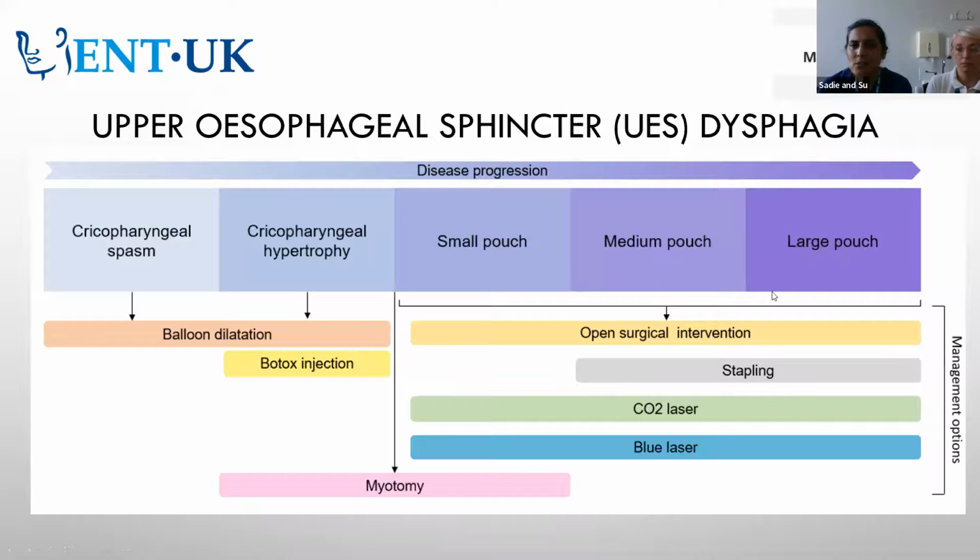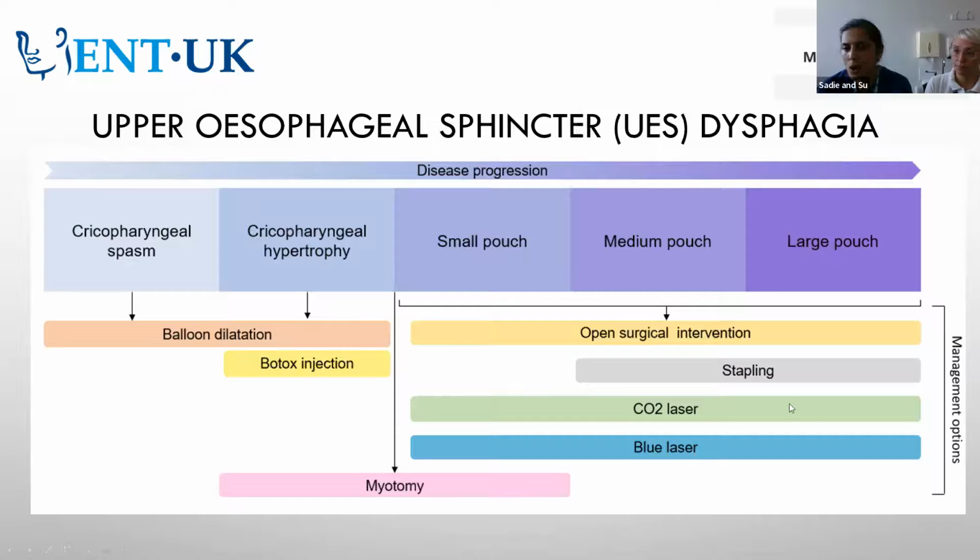And then pouches, basically, it all depends on the size of the pouch and the challenging anatomy of the patient. So if the limitations are of the difficulty in flexion of the neck, you may end up having to go to open. If it's a flexible neck and a medium to large pouch, stapling is a good choice.